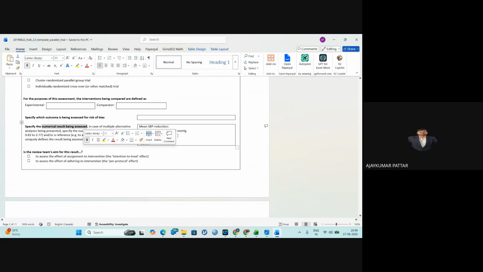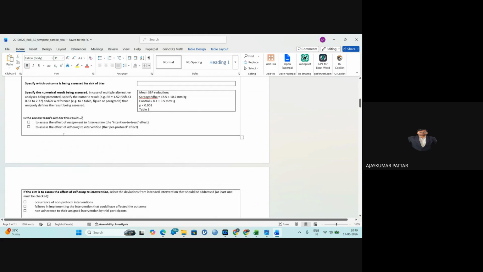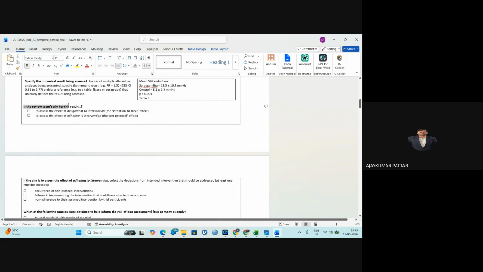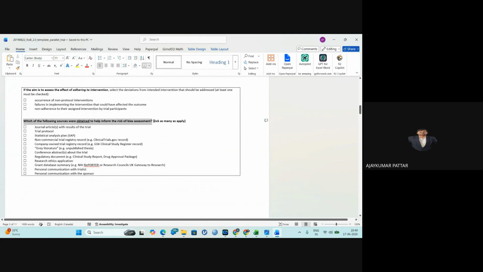Specify numerical results. This one we have to copy paste from the research paper. Here the review team enters the result. The first option, generally we will click, is to assess the effect of assignment to intervention. Then, which of the following sources were obtained to help with the risk of bias assessment? Whatever resources you took, you can take journal articles. Generally we took those, and if you used the protocol, then mark here.